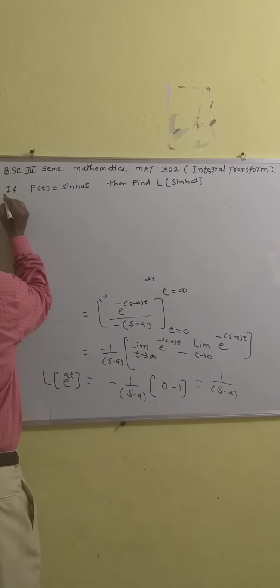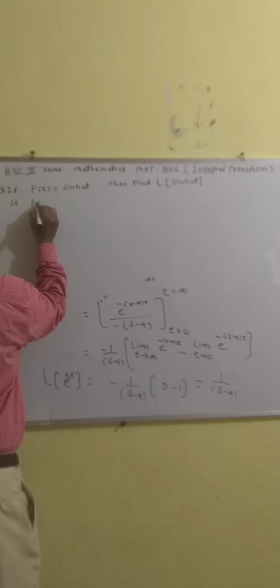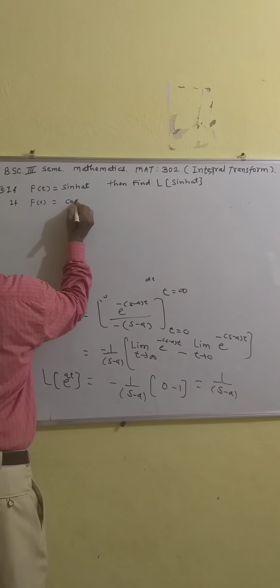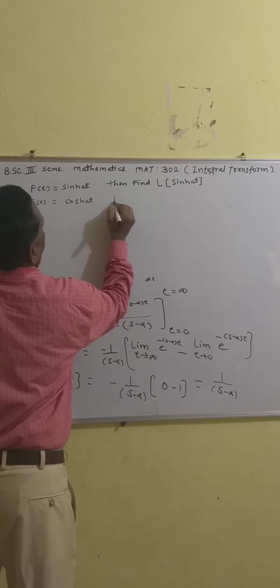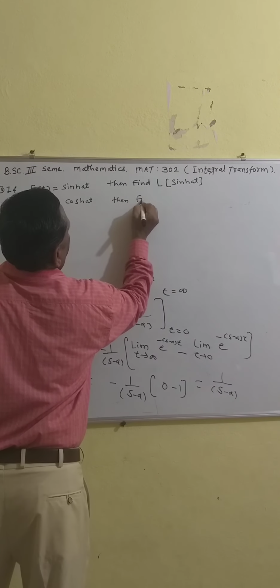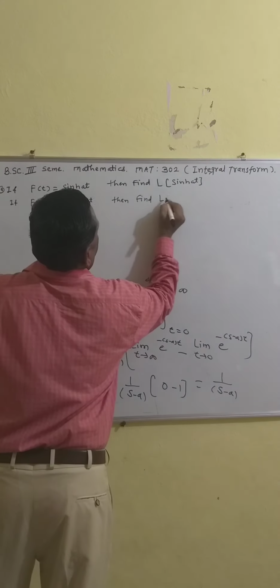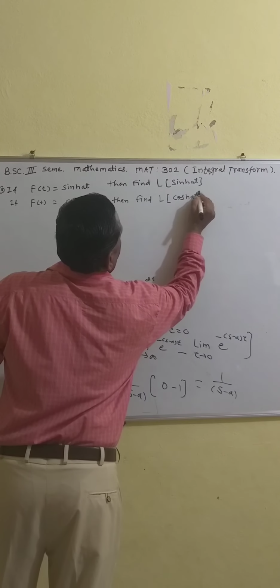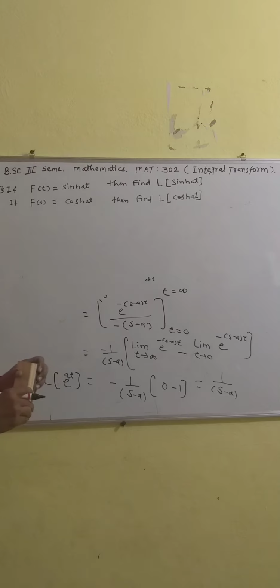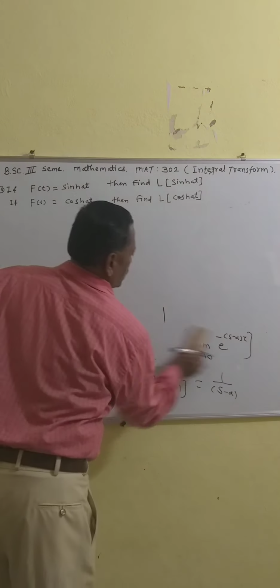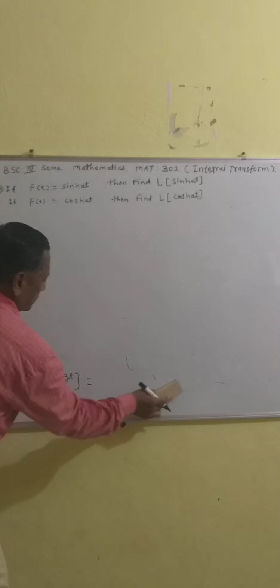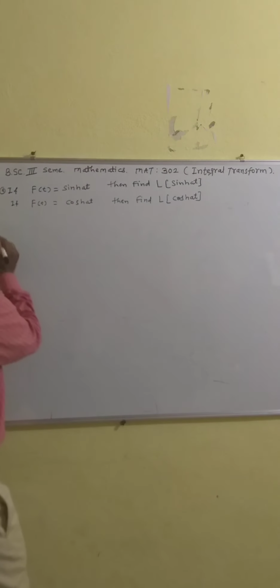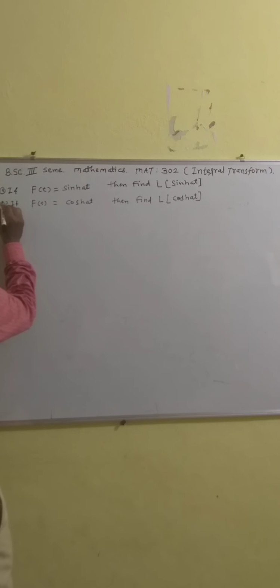And similarly, if f of t is equal to cos hat, then find the Laplace transform of hyperbolic cos at, or cos hat. Solution of the first.